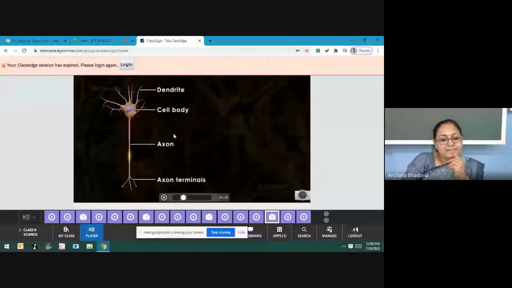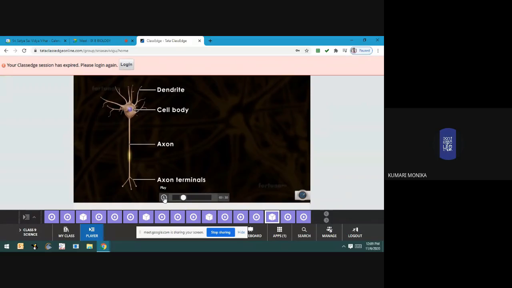Then number 3, डेंड्राइट को अपन डेंड्रॉन्स भी बोलते हैं, तो ऑब्लिक करके कर लो डेंड्रॉन, D-R-O-N. देन थर्ड एक्सोन, and fourth write down quickly axon terminals. Noted everyone? Yes, ma'am.